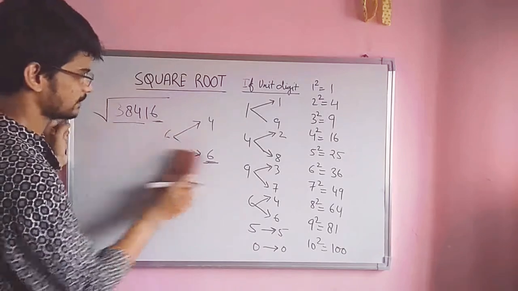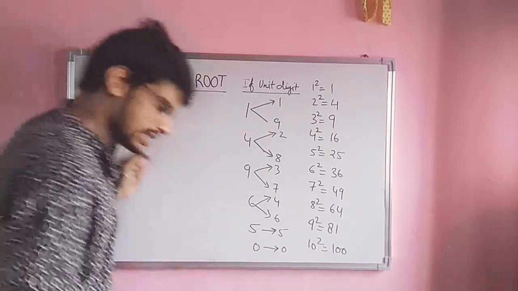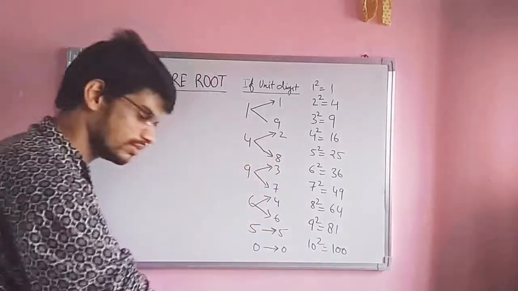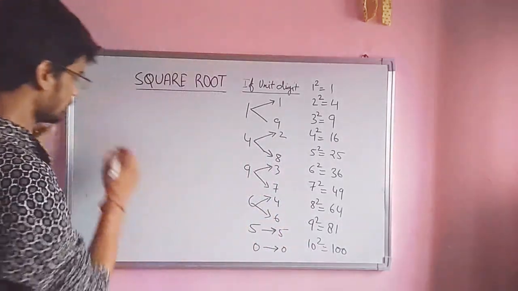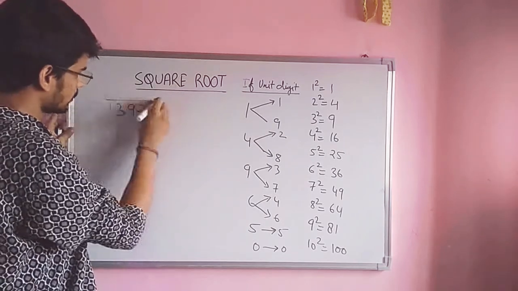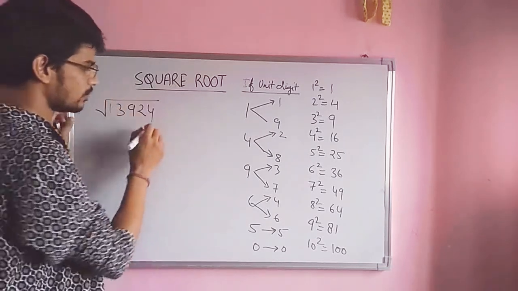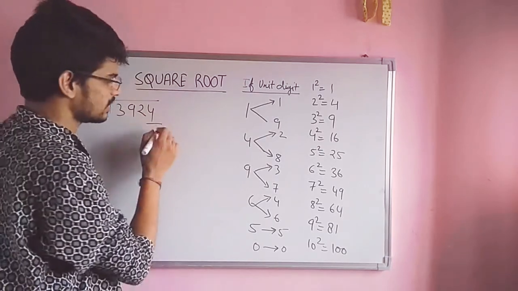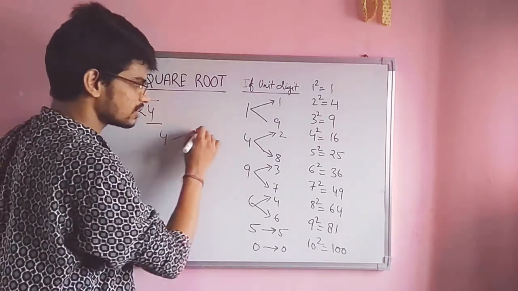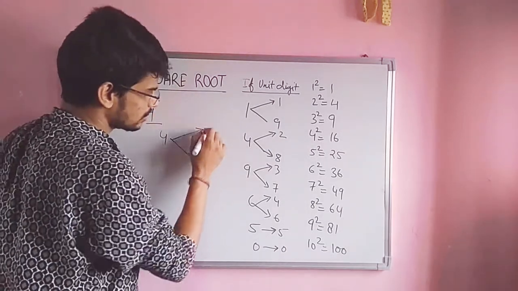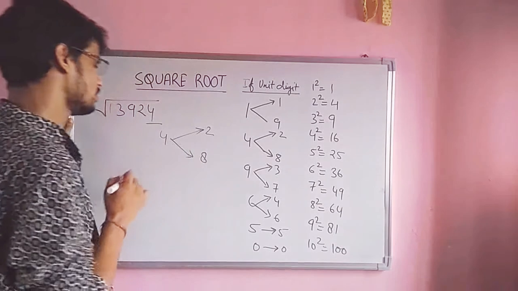Next one is, let's take another example by which we understand more. Here's 13924. The square root of how much? 4 is the units place. That's why 4 comes under the square root either 2 or 8.